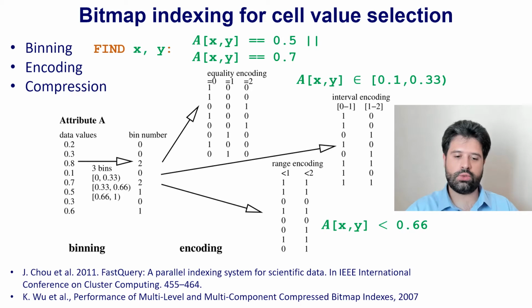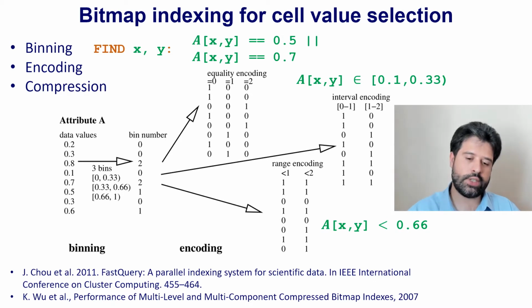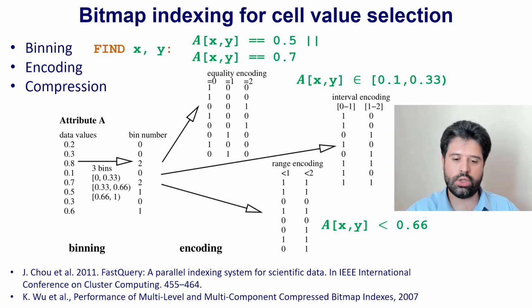Equality encoding creates a bitmap for each bin. The bit in a given position is set to 1 if the cell with this position in the original array has a value that belongs to the bin number associated with this bitmap.